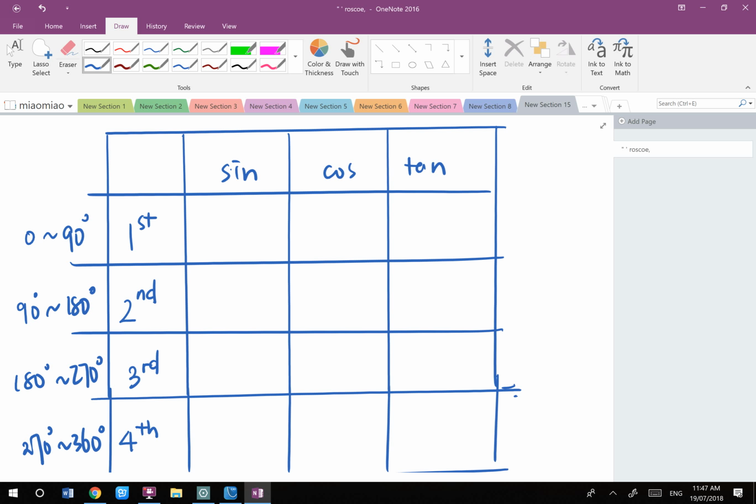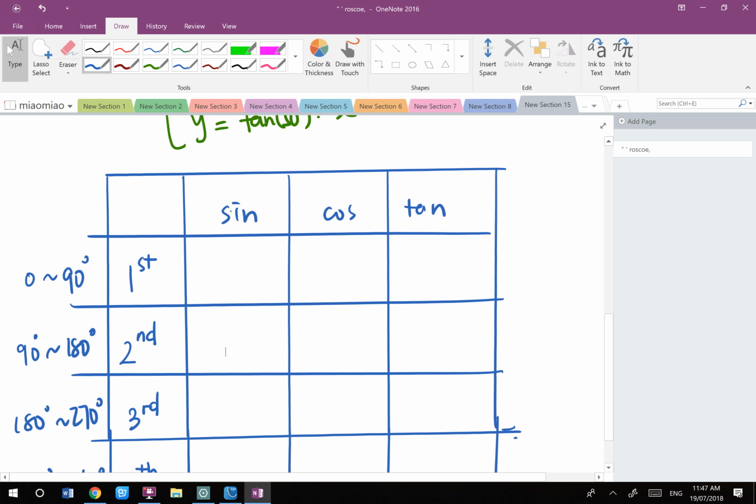Are they positive or negative, or one positive, one negative? Both positive, right? It doesn't matter where I intersect, they're always positive values. Sine is the y value and cosine is the x value. They will both be positive if the angle is in the first quadrant.